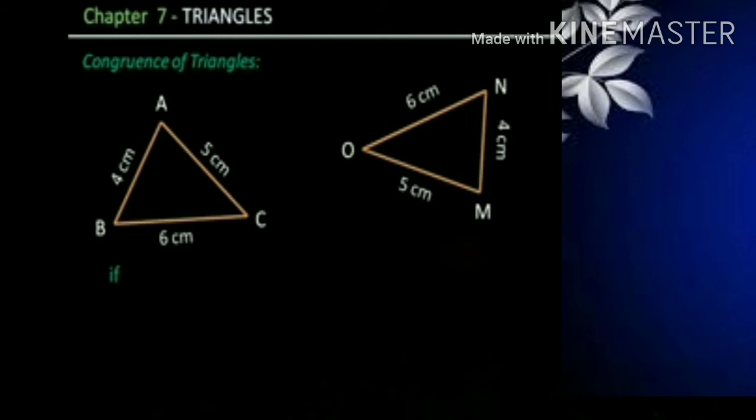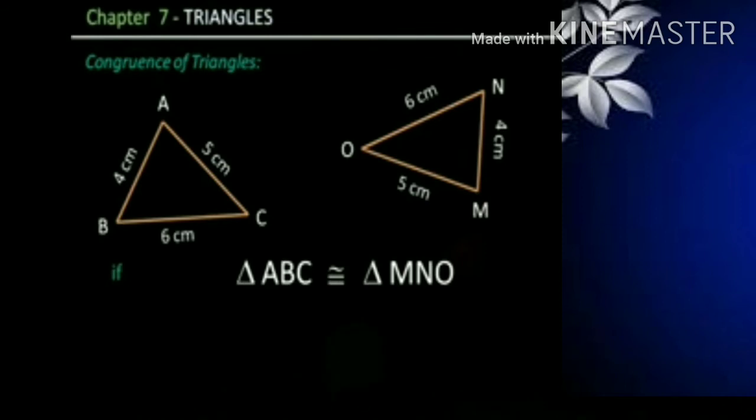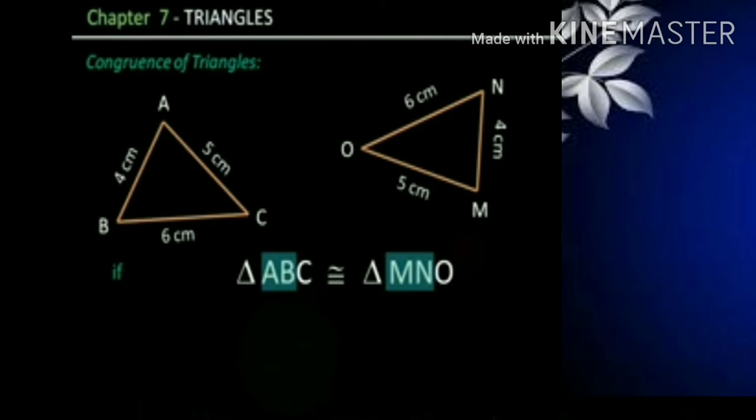So students, now if I want to prove the congruency of triangle ABC and triangle MNO, I need to have three criteria which will help me prove both the triangles are congruent to each other. Now AB is equal to MN, as AB is 4 and MN is 4, so both sides are equal.